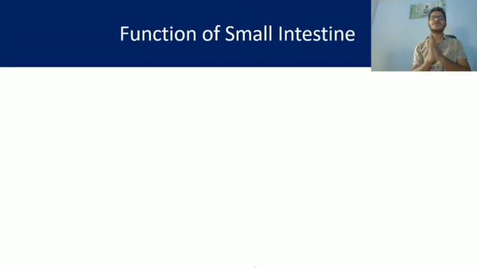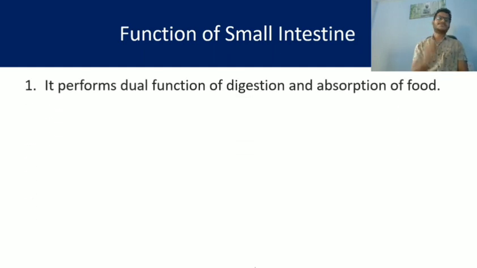What are the functions of the small intestine? At the end, we will learn the different functions. It performs the dual function of digestion and absorption, because it is important in digestion. Here different types of enzymes are secreted.